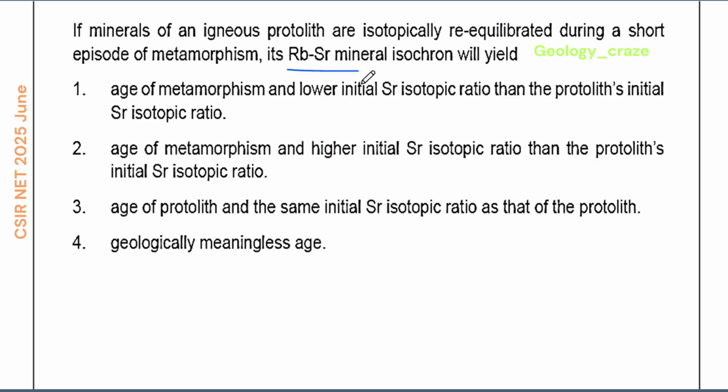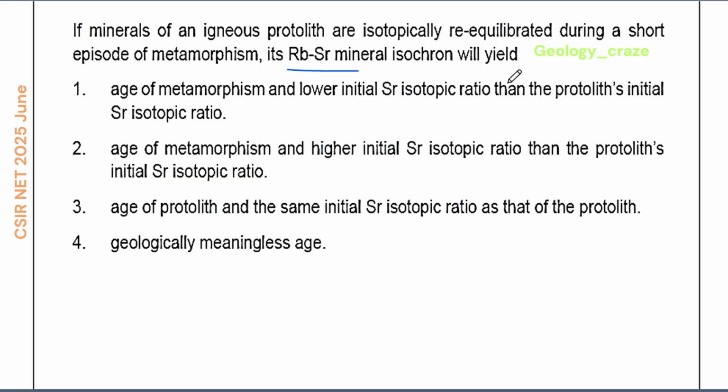Now the question is: if minerals of an igneous protolith are isotopically equilibrated during a short episode of metamorphism, a rubidium strontium mineral isochron will yield what? Suppose we have an igneous protolith that is re-equilibrated, and some changes occur due to short metamorphism.